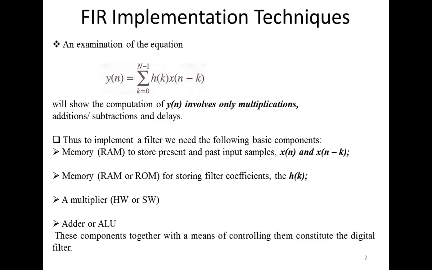So for the implementation, we need the following basic components: a memory, that is RAM, to store the present and past inputs x of n and x of n minus k; a RAM or ROM for storing the filter coefficients h of k; a multiplier, hardware or software; and an adder or ALU. These components, together with a means of controlling them, constitute a digital filter.